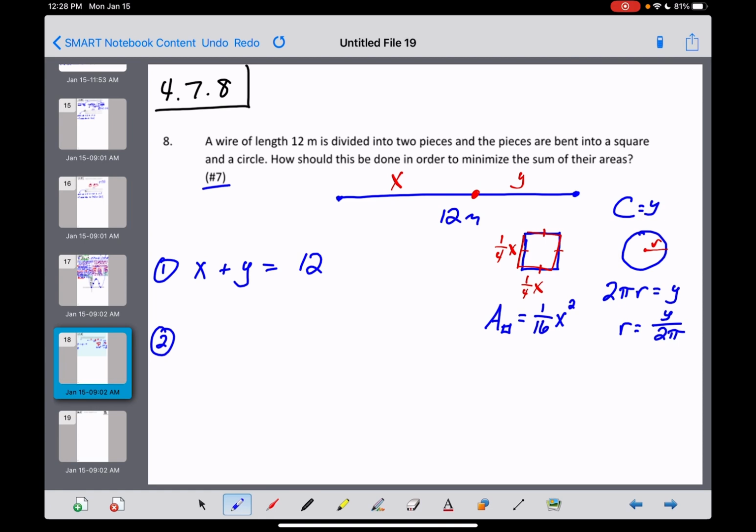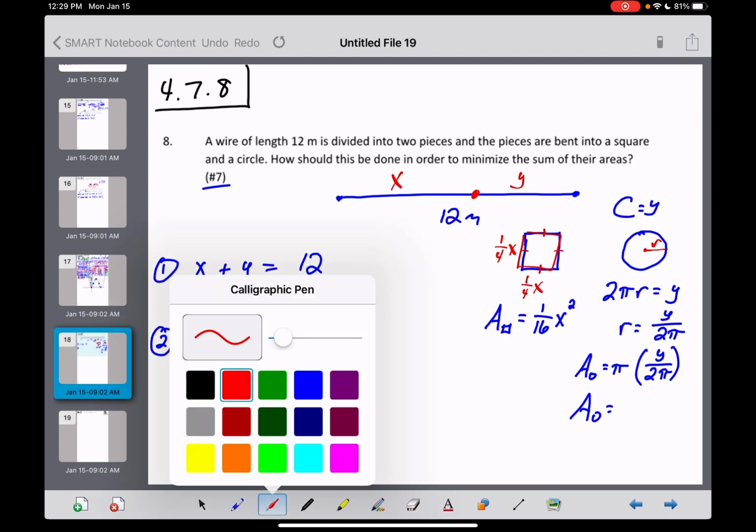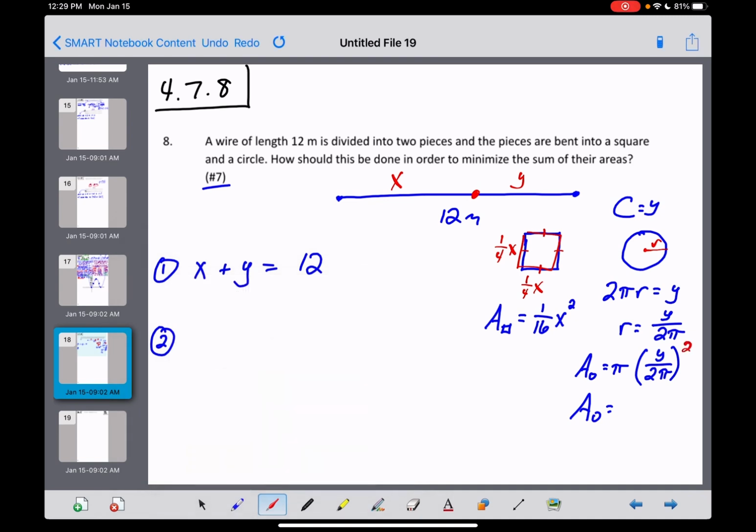Now again, we're trying to minimize the sum of the areas of these two figures. So the area of this circle is going to be pi times its radius squared. Well, the radius we just came up with was Y over 2 pi. So the area of the circle, let's see, pi times radius, I forgot to square that, sorry everybody, pi r squared.